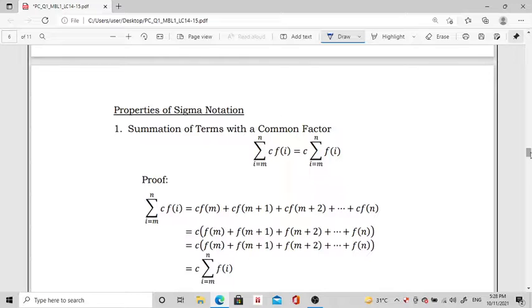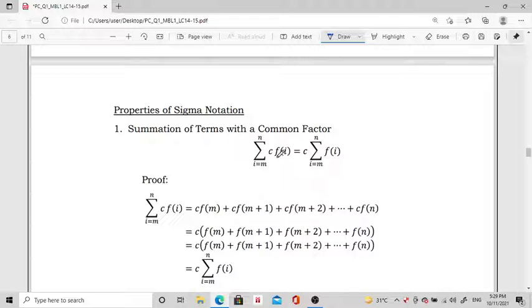Now, meron properties yung sigma notation natin. Meron tayong ipipresent here na 4. The first one is the summation of terms with a common factor. So, this expression here means a constant times an expression.